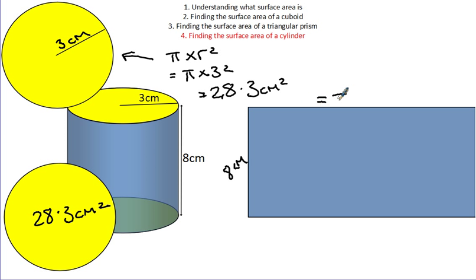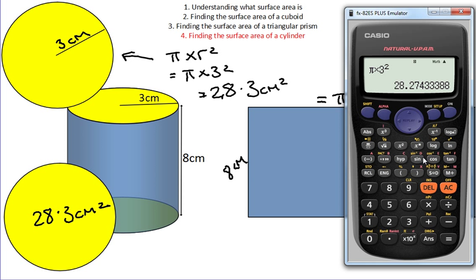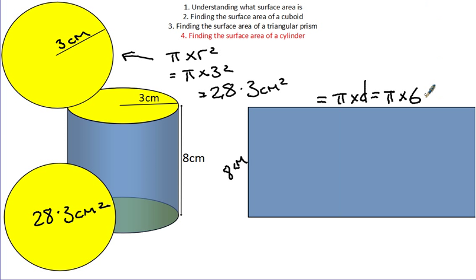So this is going to be pi times d, which is equal to pi times 6, because diameter is double the radius. We put pi times 6 into the calculator, we get a solution of 18.8.